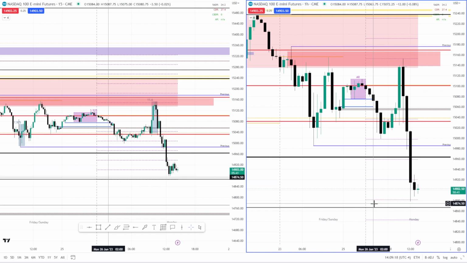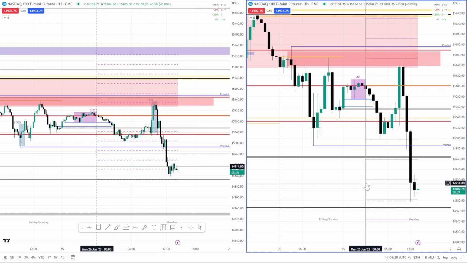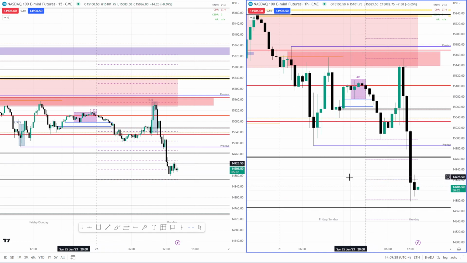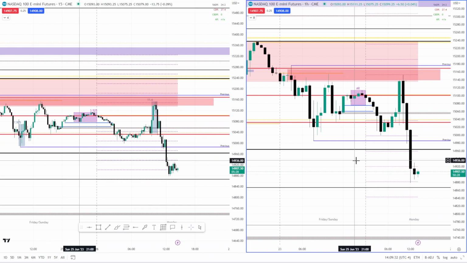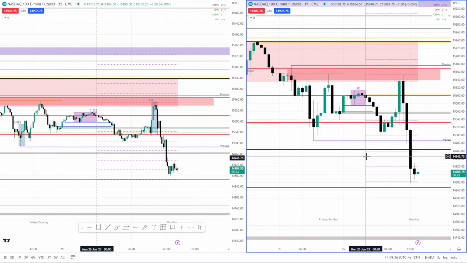I think the thing with ICT is he's giving us, you don't have to use every single way all the time to make money. Stick to what makes sense to you, what you understand, and what works for you, and just repeat it, and learn patience to wait for those things to happen, and then just keep repeating it over and over again.